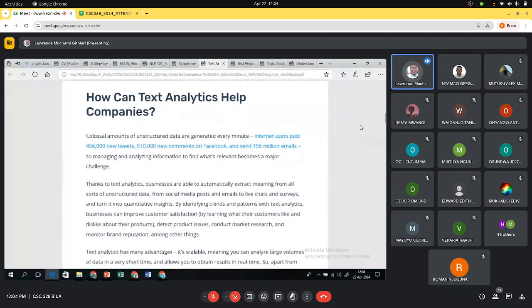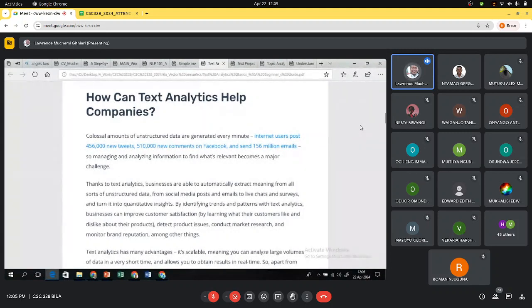By identifying trends and patterns with text analytics, businesses can improve customer satisfaction by learning what their customers like and what they dislike about their products. Then they can detect issues, conduct market research, and monitor brand reputation, among other things.